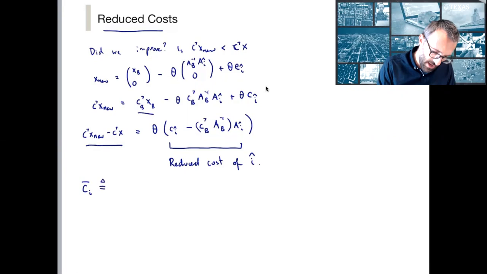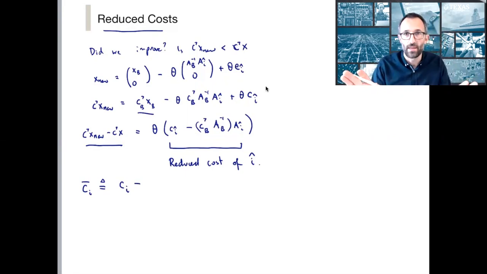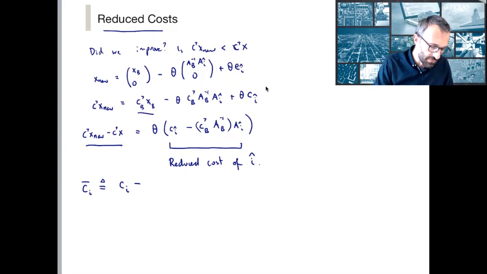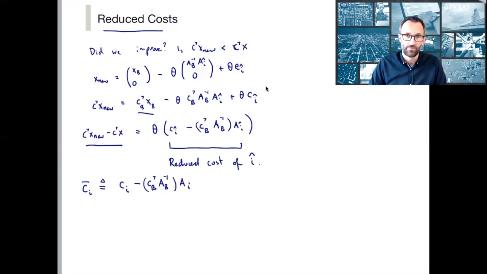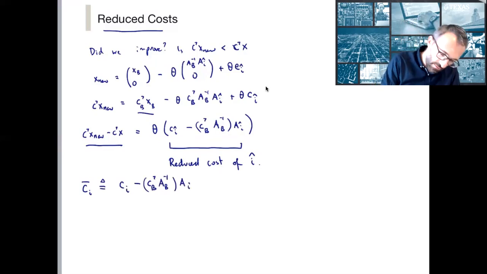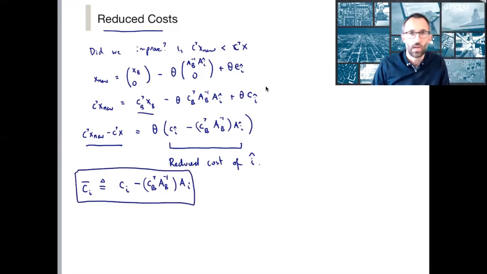And this is defined as c i minus just what I've written above, but now for a general i, not necessarily the i hat that we happen to introduce into the basis: c i minus cB transpose AB inverse times A i. Let me put this in a box because it's so important. So this is the reduced cost.